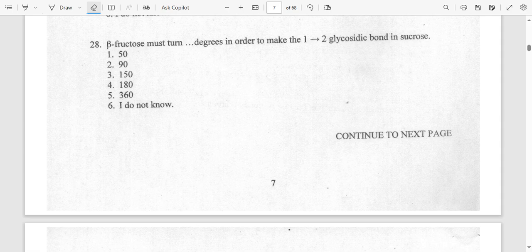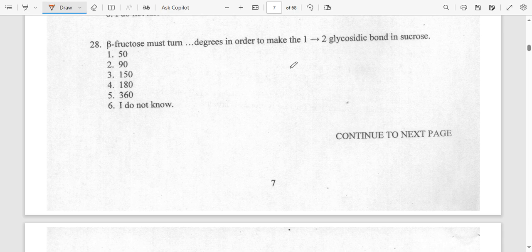So we know how the molecule is formed. Sucrose is going to be okay.